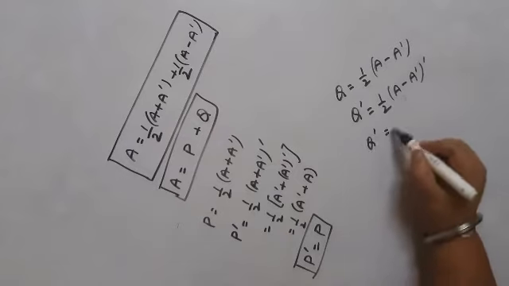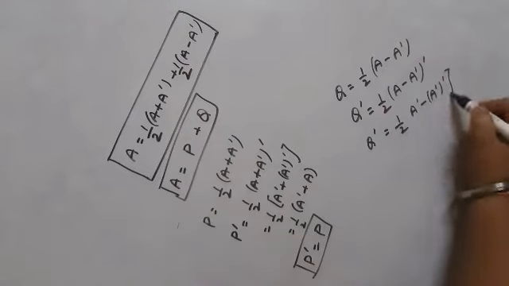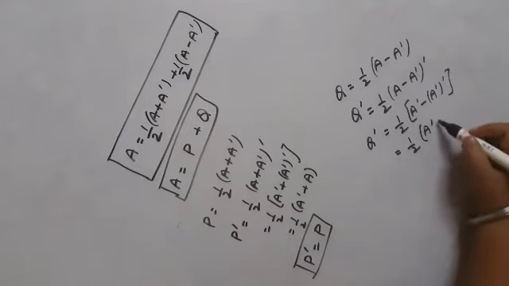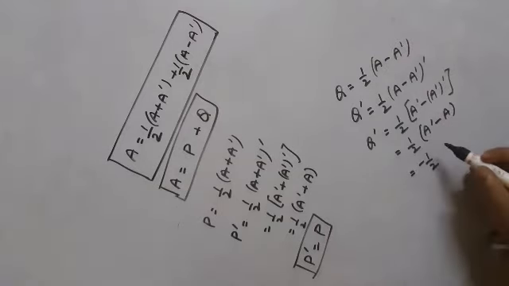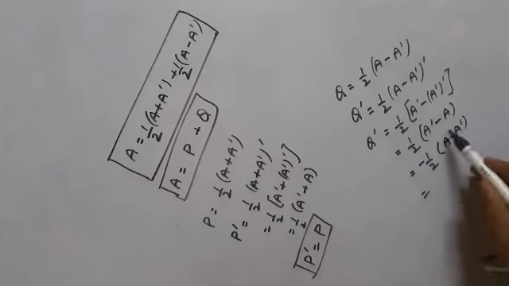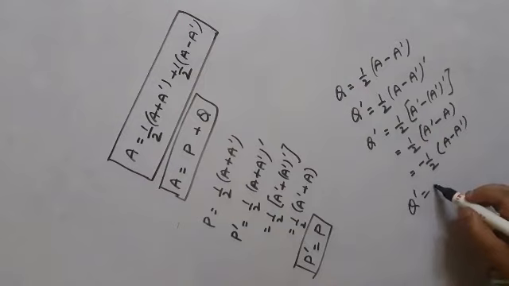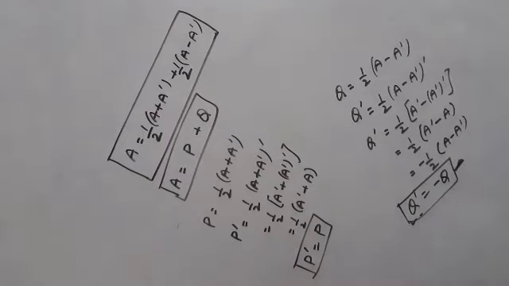Then Q transpose equals half of A transpose minus A transpose of transpose. By the property of transpose of a matrix, A transpose of transpose is equal to A, and if we take minus as common, then it will be minus half of A minus A transpose. And what we assumed, half of A minus A transpose, is equal to Q. Now Q transpose is equal to minus Q. Hence proved, it is our skew symmetric matrix part.